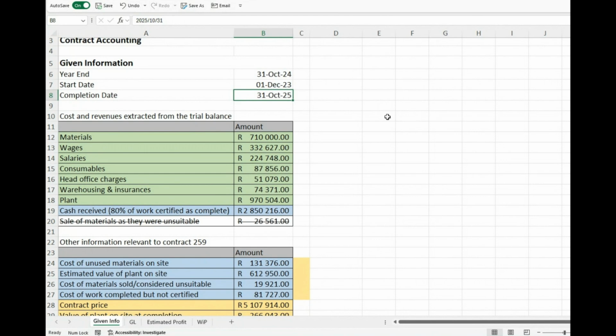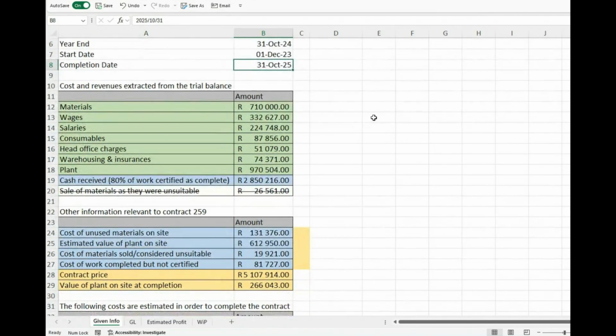And then the first thing that they give you is they say these are the cost and revenues extracted from the trial balance. And they give you several cost factors there, and then 2 revenues. Now you see that I put a strike through the last one. I'm going to explain to you why I did that now. We're just looking at the given information.